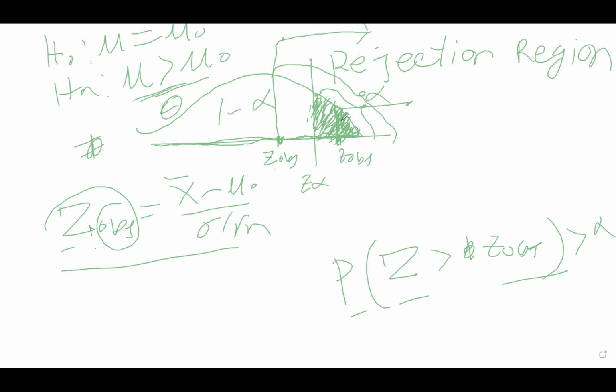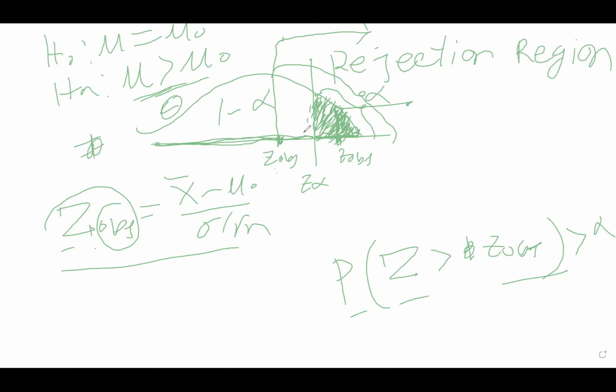So when Z observed is in the rejection region, the p-value is less than alpha. That's why we reject the null when the p-value is less than alpha. But if Z observed is in the non-rejection region, outside the rejection region, then the p-value is greater than alpha. So that's why we fail to reject when the p-value is greater than alpha.